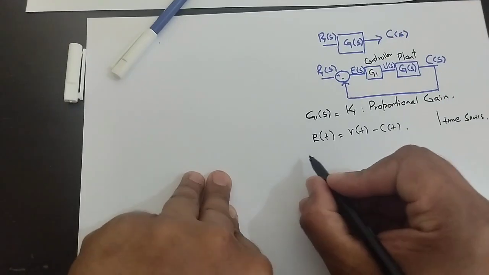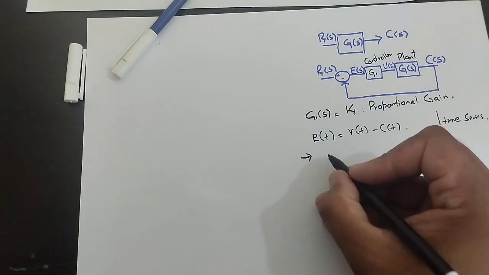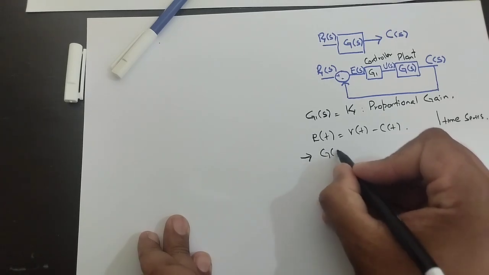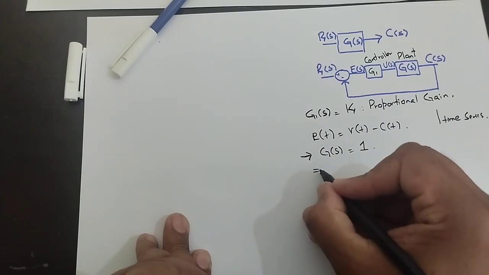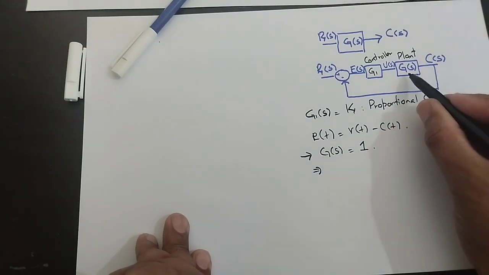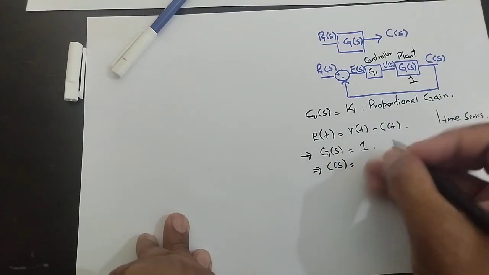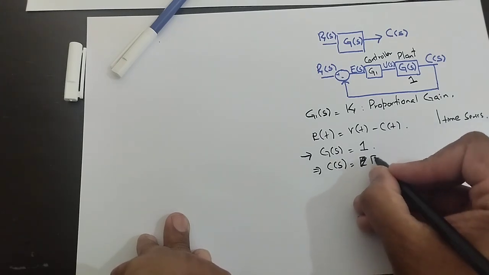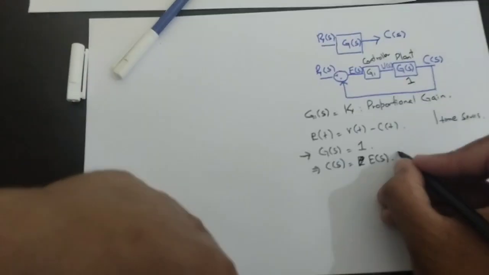Now, for illustration purposes, we assume that G of S at this instance is equal to 1. So by using this figure, we can see that if this function is equal to 1, then C of S or C of t is nothing but E of S multiplied with G1.